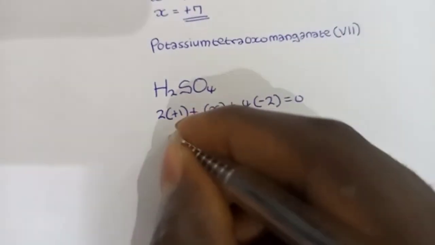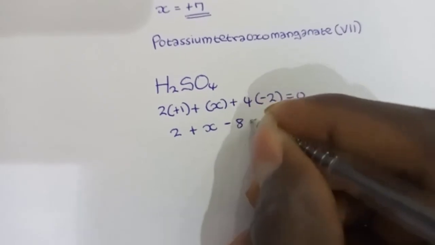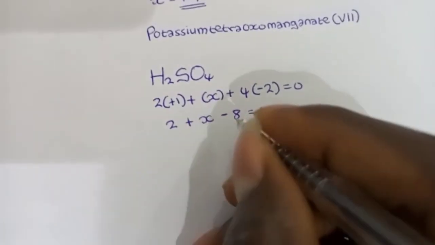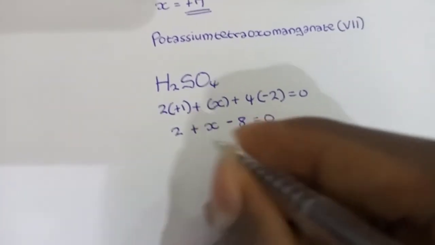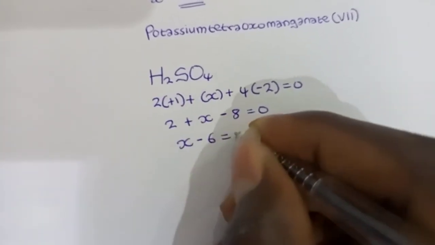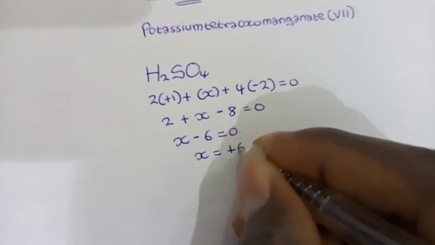So 2 plus x minus 8 equals 0. 2 minus 8 will give us x minus 6 equals 0. So x equals plus 6.